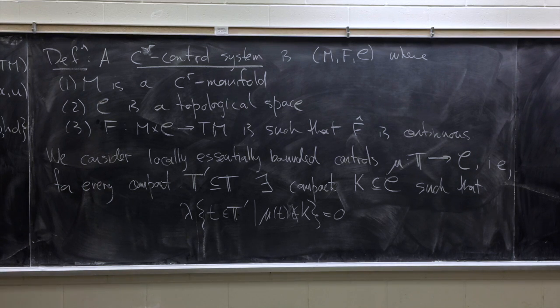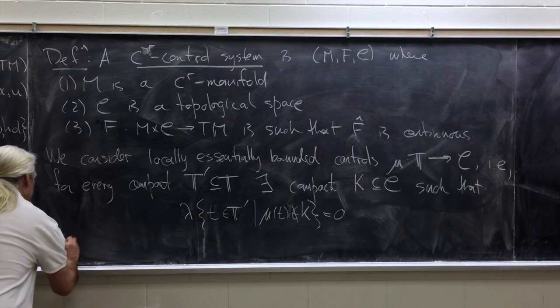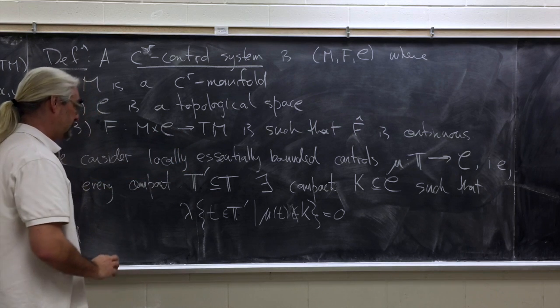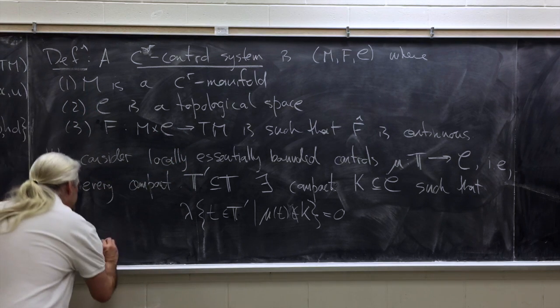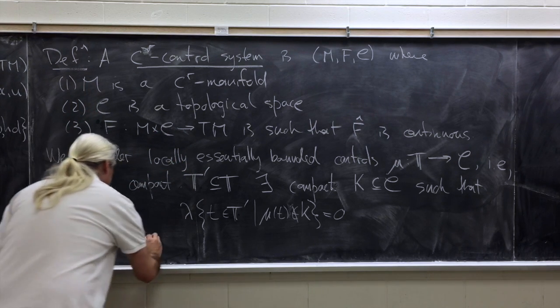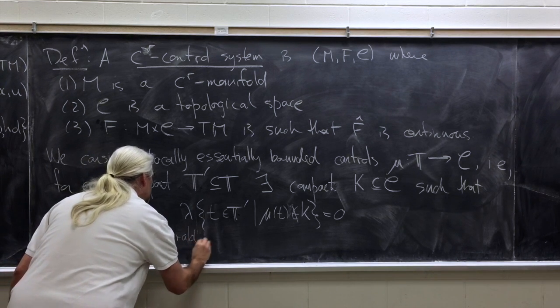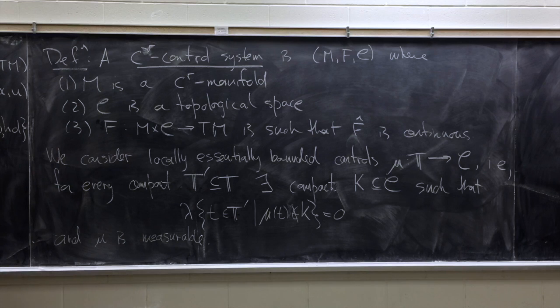So that's the essentially bounded part, but you also need these things to be measurable. So mu is measurable, which means the preimages of Borel sets are Lebesgue measurable.